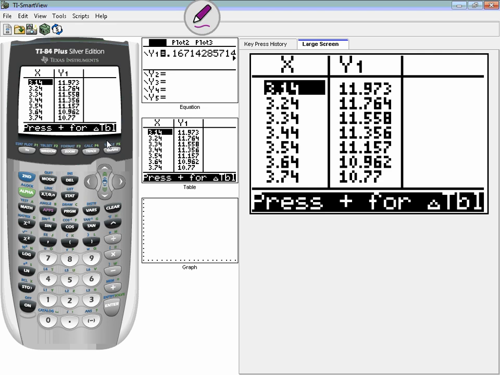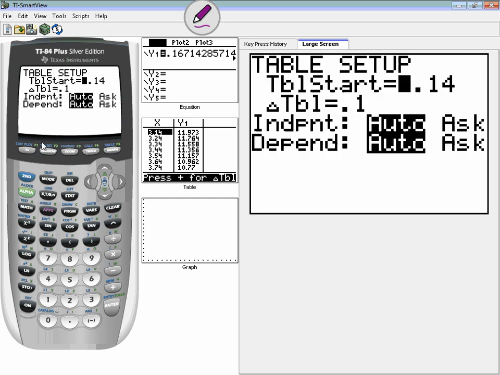We're going to go to our table set. So look at your window key. Do you see how above it, it says table set? So we're going to do second table set. It's asking you, where do you want your table to start? Well, I think we'd like to start at 9, right? So just type a 9 in there. And then the little triangle in front of TBL, that's delta table.